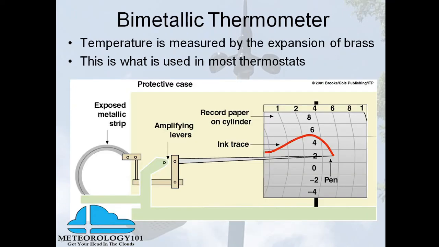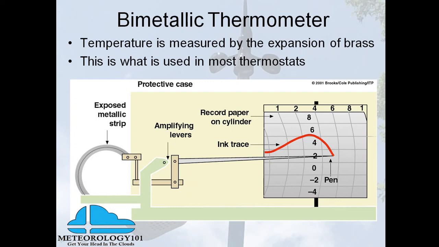Bimetallic thermometer. The temperature is measured by the expansion of brass. This is used in most thermostats, like the thermostat in your house. With the old thermostat, you could pull the cover off and see the winding, and as that brass expanded or contracted, the temperature reading would change. It was an analog needle that would move and show you the temperature in your house.